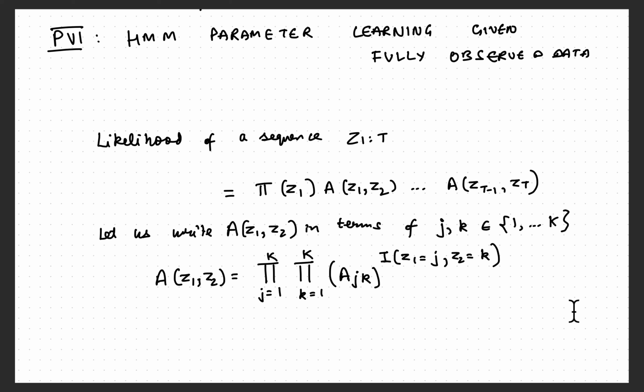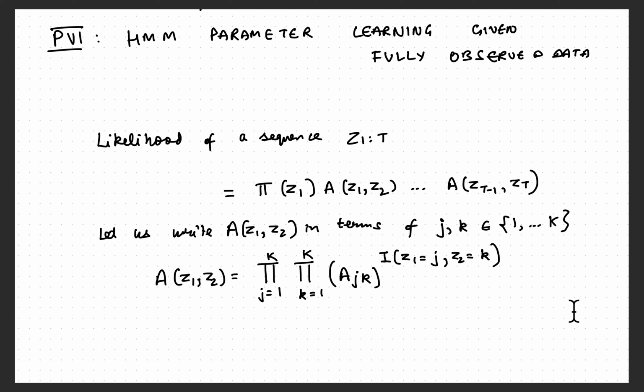So again, you can convince yourself that only when z1 is the correct state and z2 is the state that we are observing, only for those j and k values will you get the identity function to return a 1, otherwise you will get the identity to return a 0. So in those cases, you're raising something to the power of 0, you'll get a product of all ones except for the ajk term. So a z1 z2 would basically be ajk, since z1 is j and z2 is equal to k. So we have written down the whole thing in a more mathematically convenient fashion.